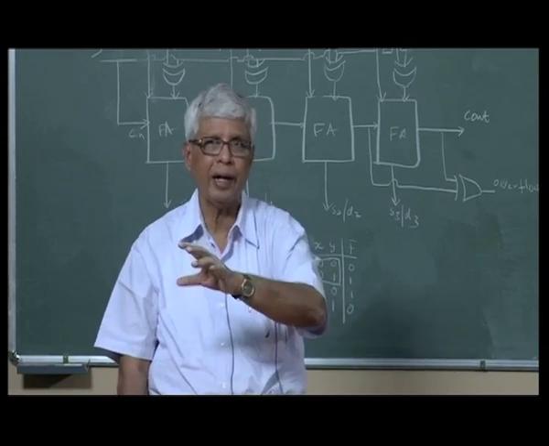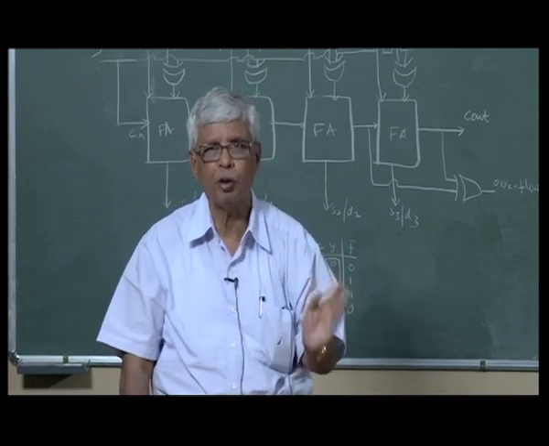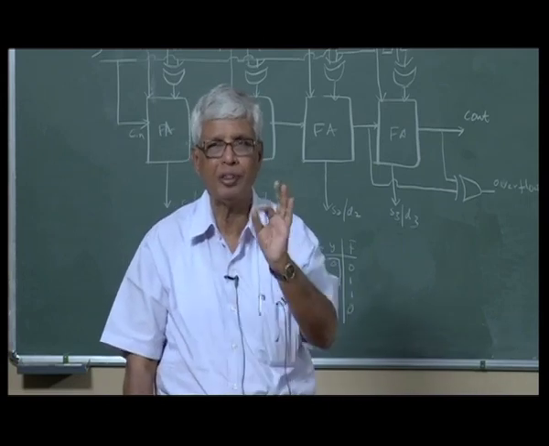If you go and buy a 4-bit full adder in the market, there will be 4 inputs for A and 4 inputs for B, 4 sum outputs and 1 carry output, 1 carry input, and power supplies.